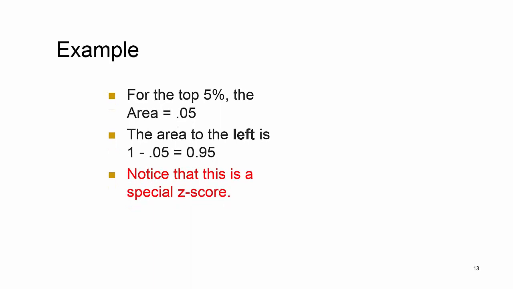When you look this up in the body of your table, notice this is not a z-score. So you're looking for 0.9500 in the body of your table. This is associated with a special z-score. It aligns with 1.645. Now this is not a temperature in degrees Fahrenheit, so we need to convert.